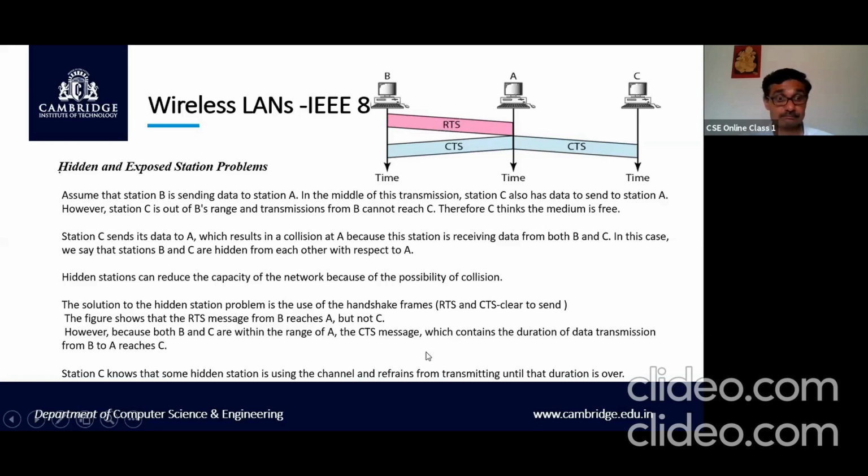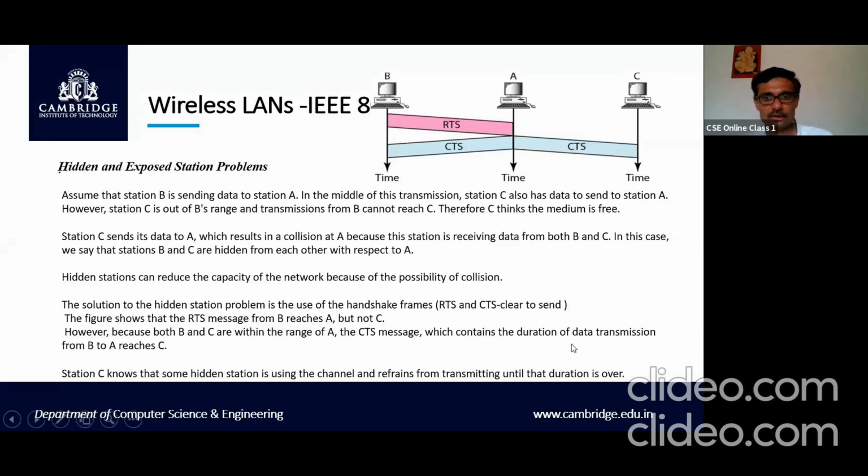Now what happens? C will come to know that somebody is using the channel. How will it come to know that? It is receiving the CTS message. By seeing this CTS message, it will not send the data, because it has not sent the RTS message. C will think that somebody else is using the medium, in our case B, so it will not send its data frame.